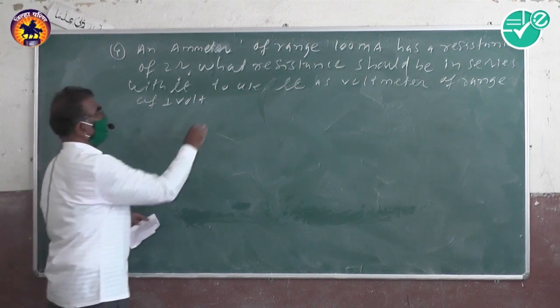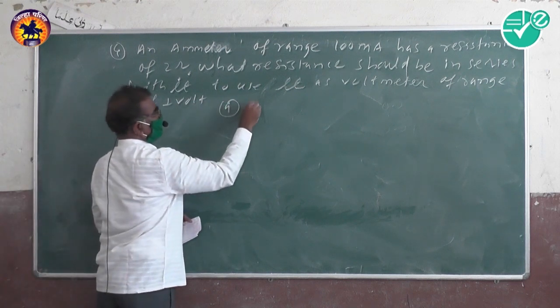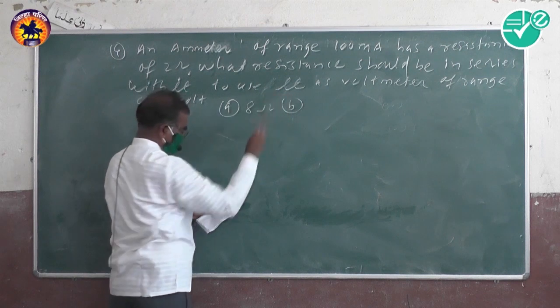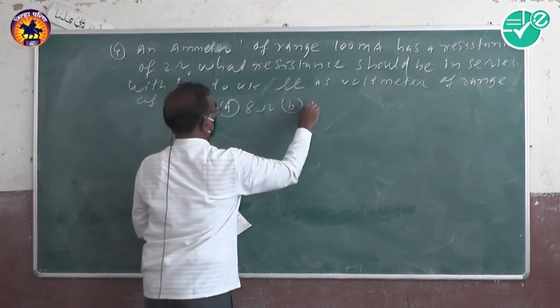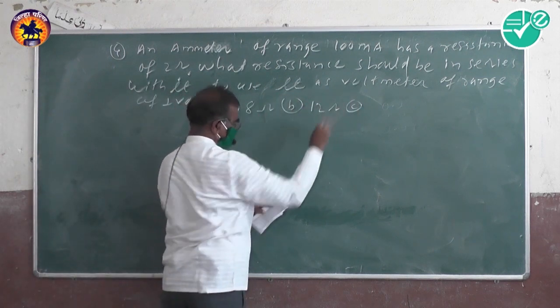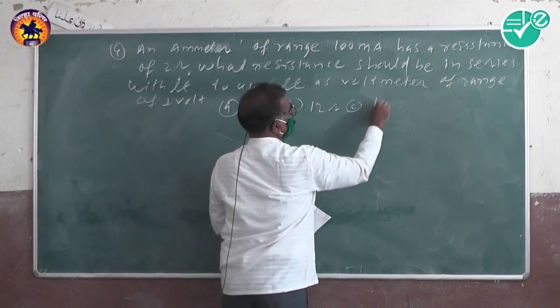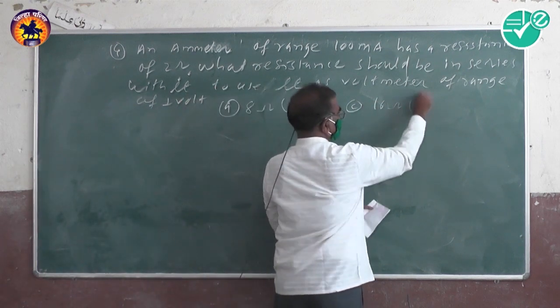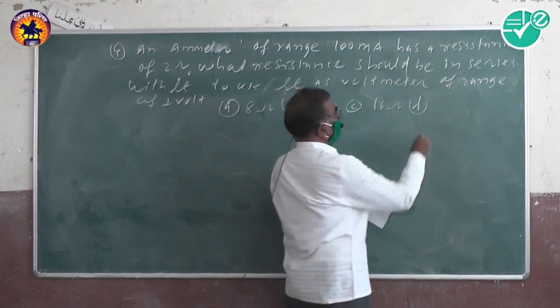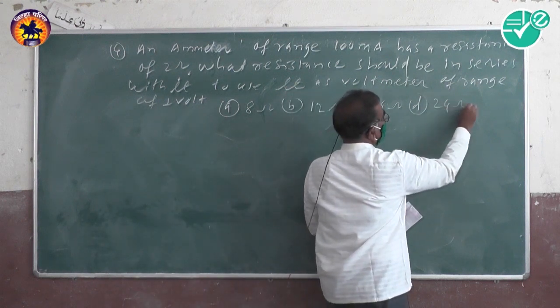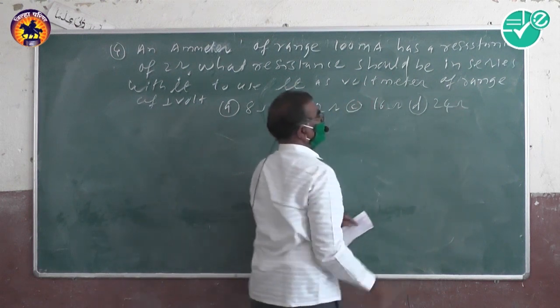That is, A is 8 ohm, B is 12 ohm, C is 16 ohm, and D is 24 ohm.